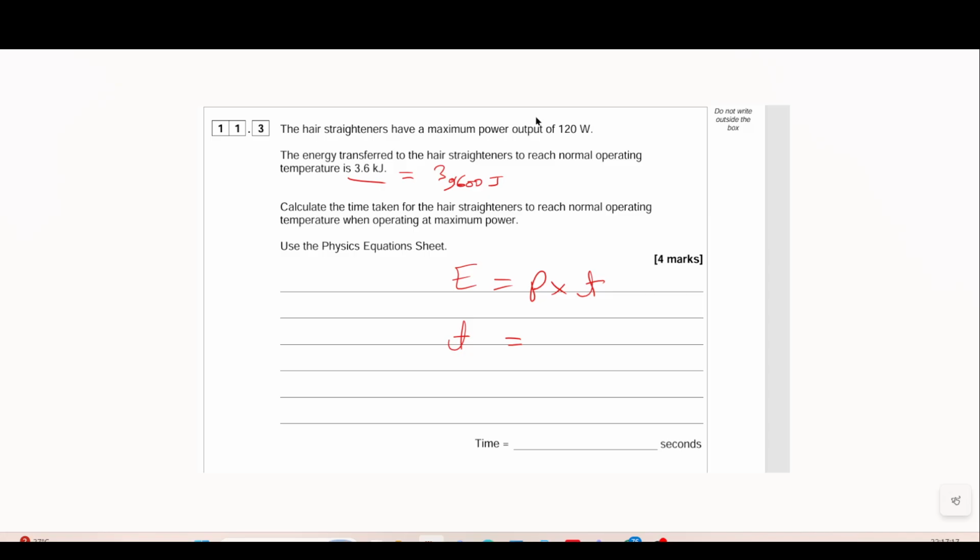So time equals energy transfer divided by power. That is correct. 3,600 divided by 120 is 30 seconds. Very good.